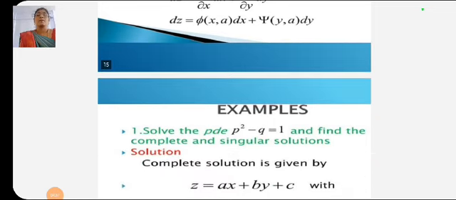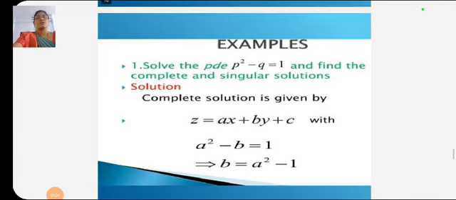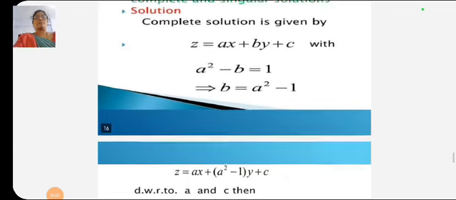Next we have to see the examples of partial differential equations in the basic forms. The first form is f of p comma q. Solve the PDE p squared minus q equal to 1 and find the complete and singular solution. So the complete solution of the equation is given by z equal to ax plus by plus c with a squared minus b equal to 1, that is b equal to a squared minus 1.